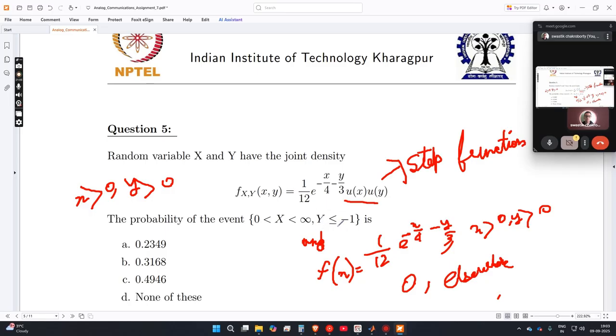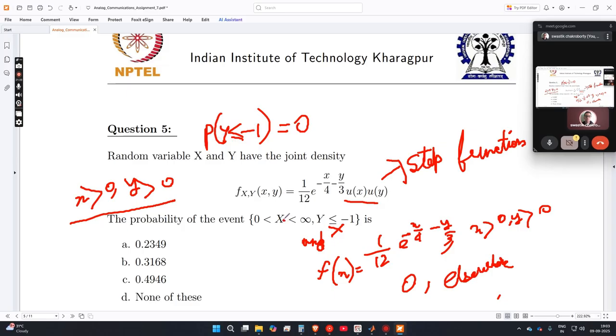If only one of these probabilities is 0, then this whole intersection is 0. Now, since x is greater than 0 and y is greater than 0, the probability of y being less than minus 1 is 0. Since y is positive, it can never be less than minus 1. So this condition is not holding, and their intersection will also be 0, because these two events have to hold together.